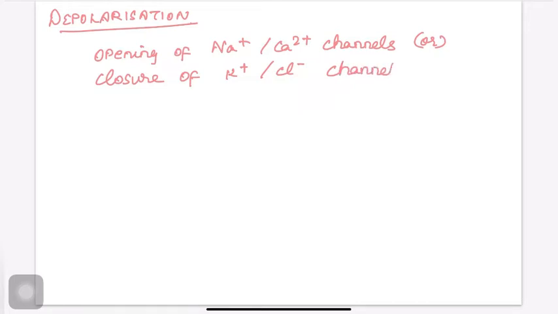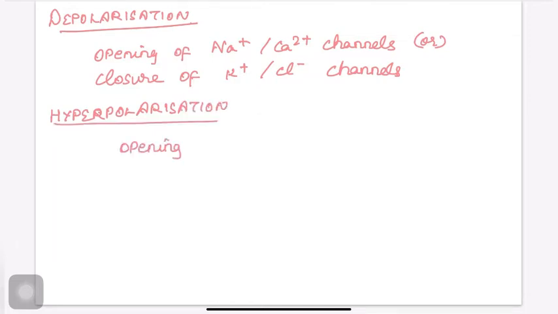These conditions can cause depolarization. What are the conditions which cause hyperpolarization? Opening of potassium or chloride channels can cause hyperpolarization. Understood, right? So this is a summary of depolarization, hyperpolarization, and the effect of ion channels on them.